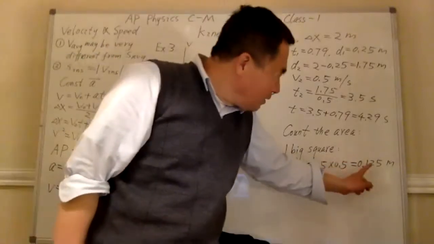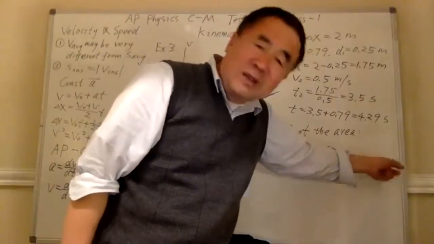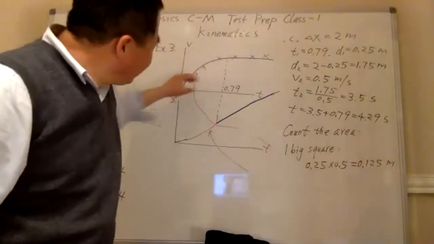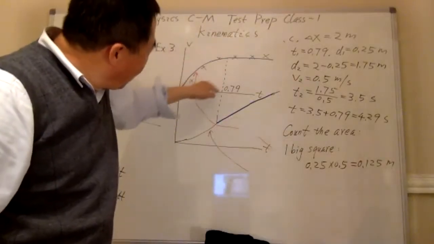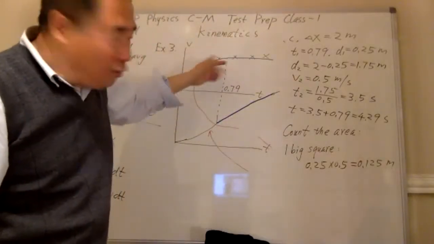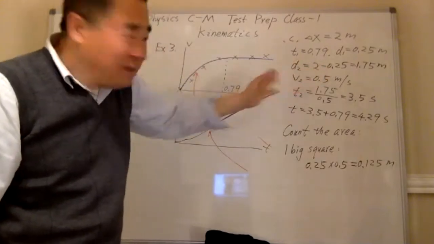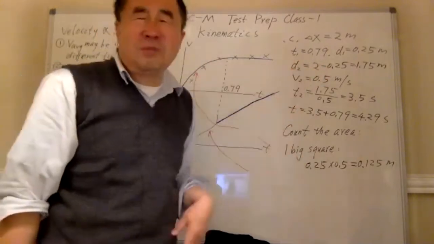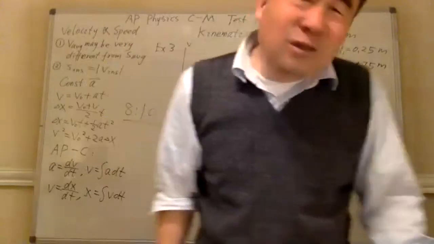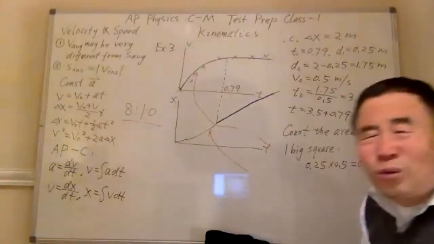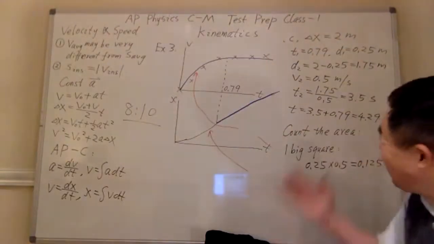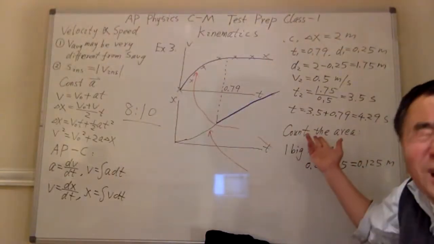You multiply together and get 0.125 meter. Then you count roughly how many big squares there are, figure out how much distance they move to here, and then how much distance for the rest. This is very noisy. I don't recommend this way, because either way you get the correct answer.